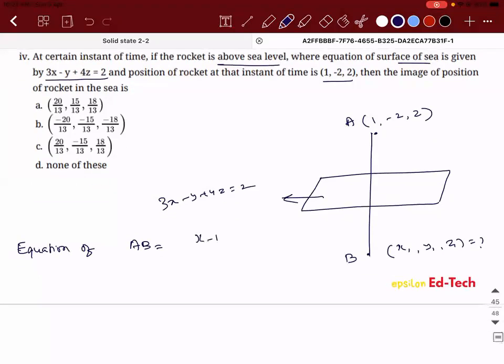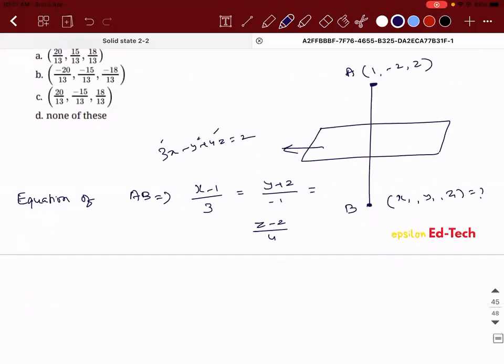It will be (x minus 1) by 3 is equal to (y plus 2) by minus 1 is equal to (z minus 2) by 4. How did I write 3, minus 1 and 4? Because they gave us the plane equation. So 3, minus 1, 4 represent the direction ratios of the normal to this plane. The normal to the plane will be in proportion with the line AB. Since they are in proportion, I cancelled that lambda and took it like this, right?